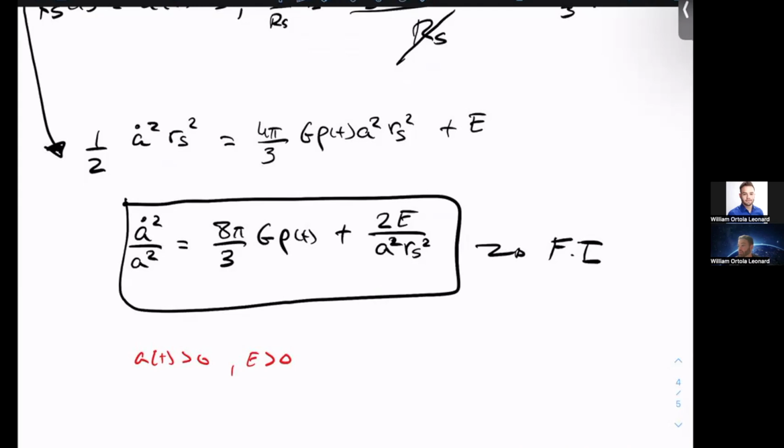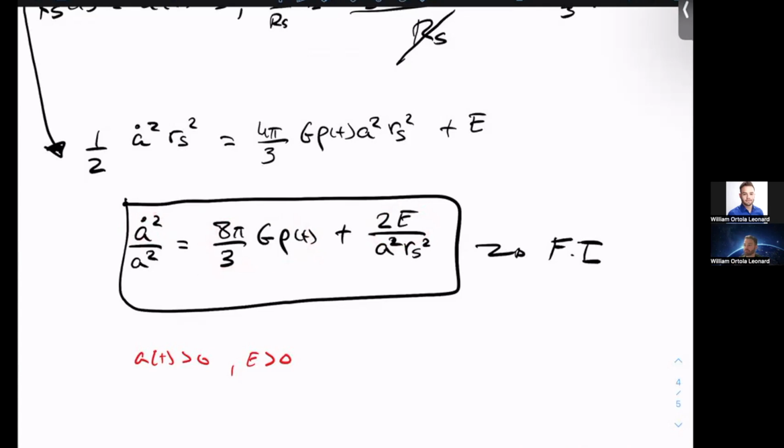Then what this means for us is that the rate of change of the scale factor, which is basically a velocity, can never be 0, because otherwise this term, if we pass it to the other side, is going to be negative, and the energy has to be greater than 0. Because this is going to be negative, we have a contradiction. So that's the first thing.